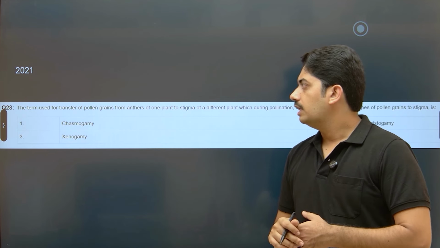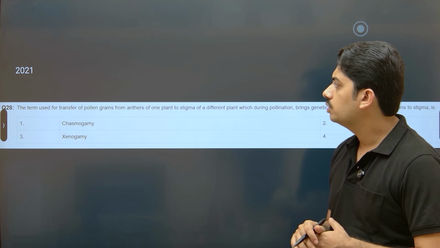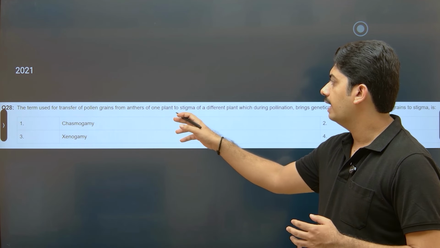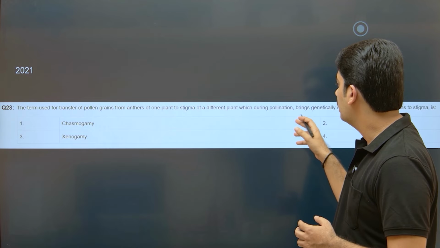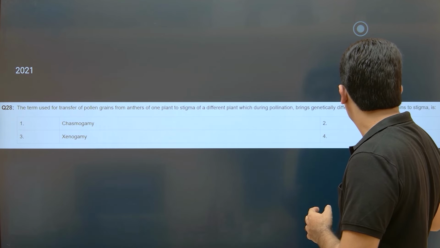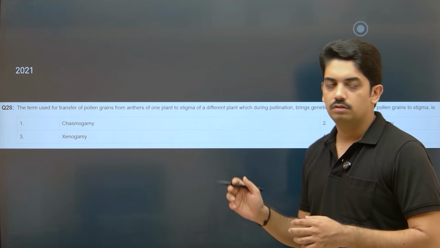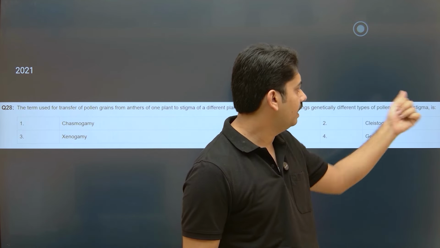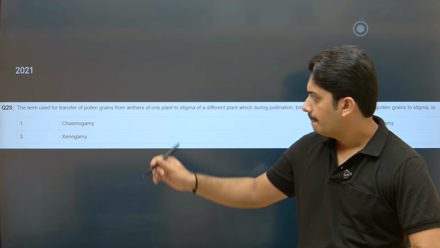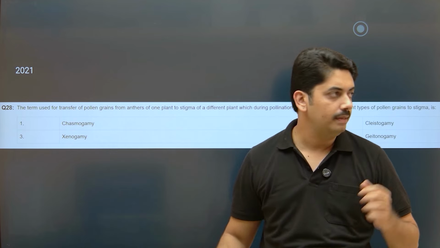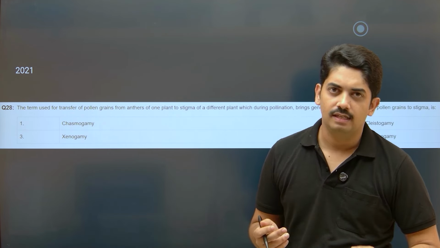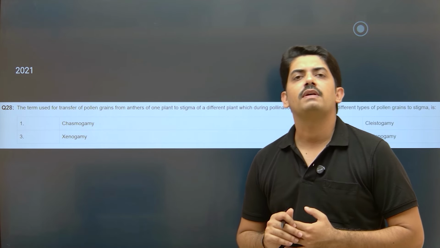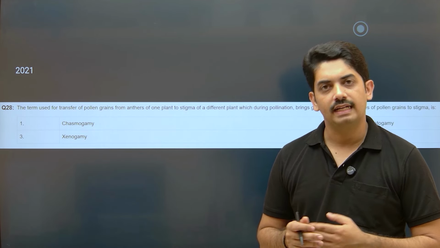The term used for transfer of pollen grains from anther of one plant to the stigma of a different plant, which during pollination brings genetically different pollen grains into the stigma, is chasmogamy, xenogamy, cleistogamy or geitonogamy. It's a very easy question. Which will bring the genetically different one, that is xenogamy.